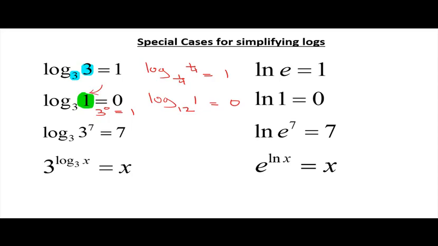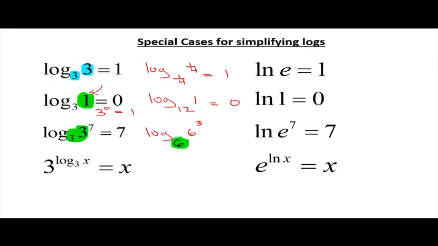Okay, now what if the log and the base are the same, and then this has an exponent? Well, the answer will be the exponent. So for example, let's say something like log base 6 of 6 to the 3rd power.